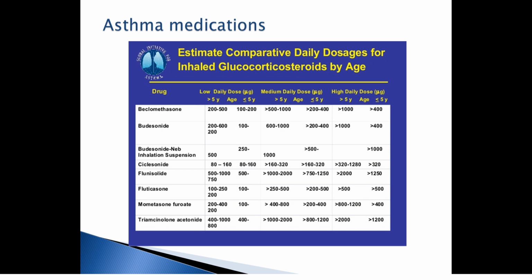They are used as control medication on a regular basis, mostly in the morning, because in healthy persons glucocorticoids are secreted mostly in the morning hours. That's why we also have to use the treatment in the morning.